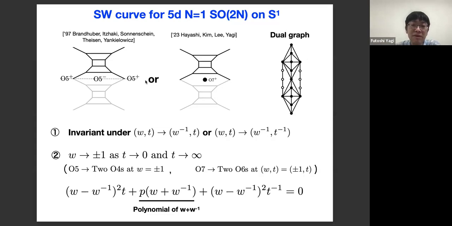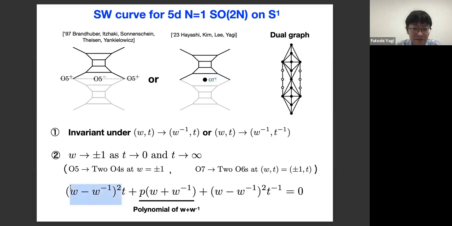So we impose the invariance under this Z2 symmetry. And on top of that, we impose some boundary condition, a behavior at the position of the orientifold. This is the effect of having, for example, an O7+ plane having the RR charge. And because of this, effectively there is a repulsive force, and the M5 brane is pushed to infinity.